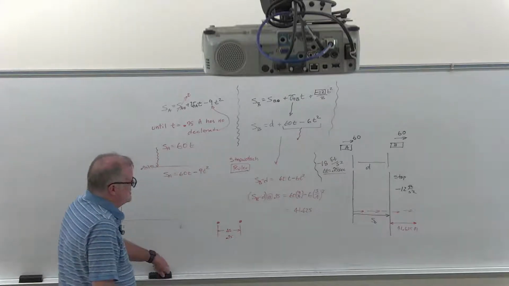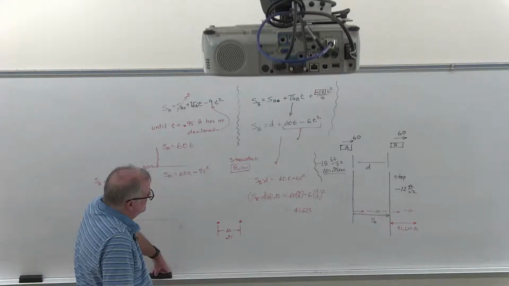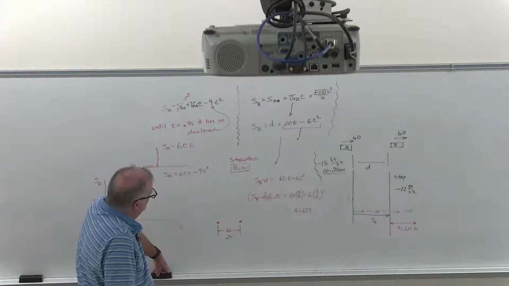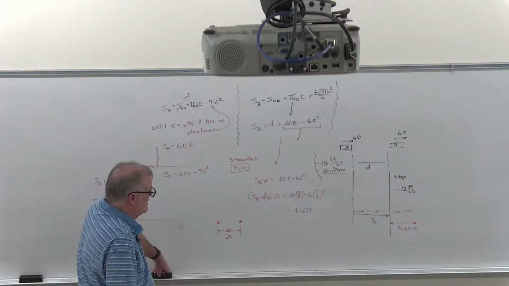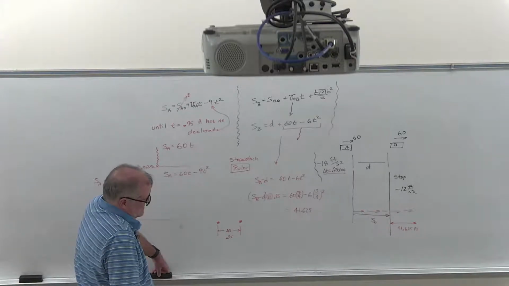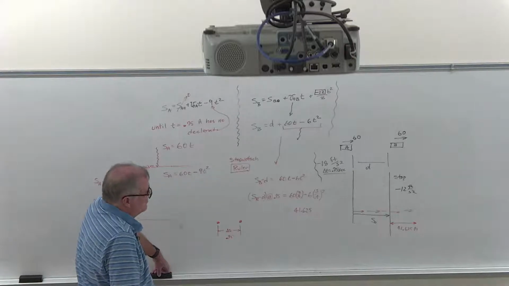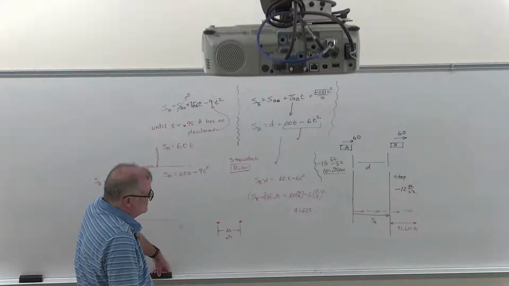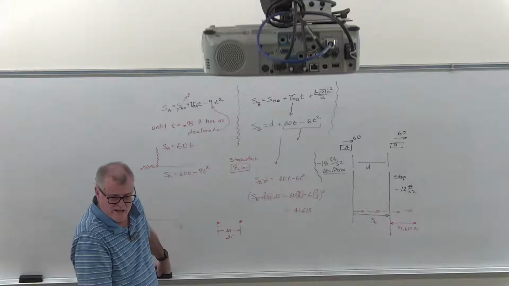So the question is, if he moved 41 and he moved 45, we've got to have a little larger distance than this. He's got to be at least 41, or he rear-ended him right then. I don't think the answer was 41, was it?